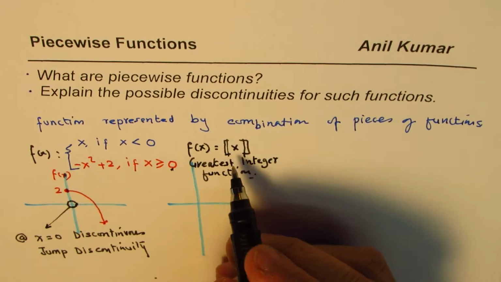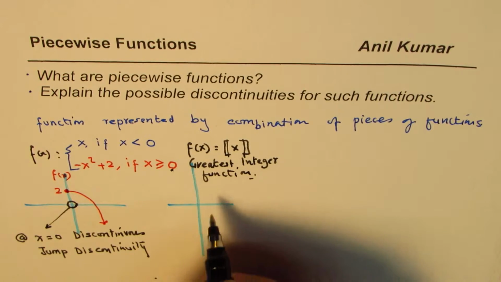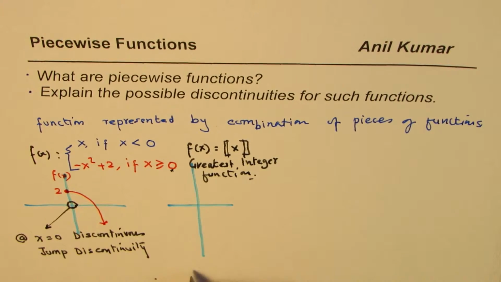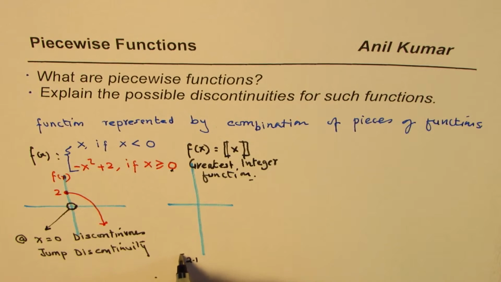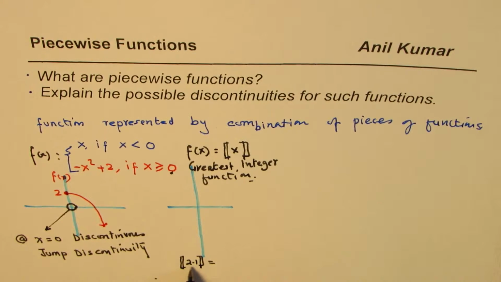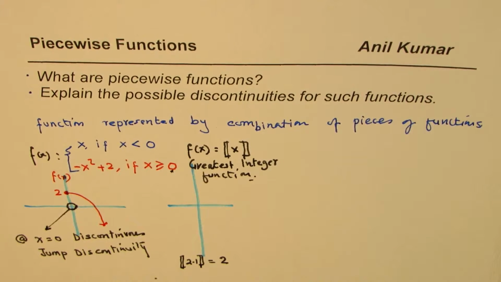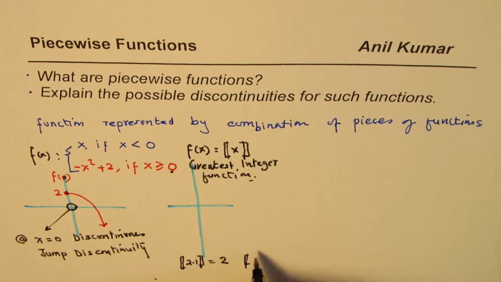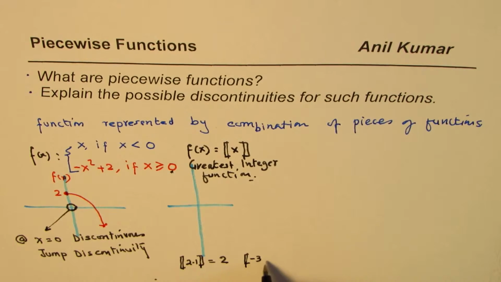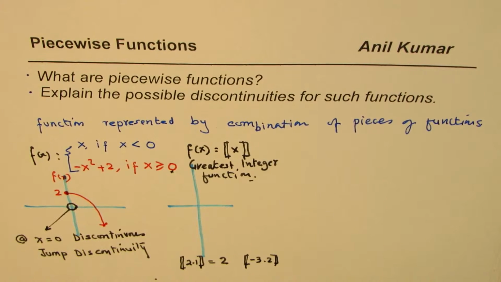Now it really means that if I have a value, let us say 2.1, right? So the greatest integer value for 2.1 will be 2, so this is equal to 2, right? If I have a value which is, let's say, minus 3.2, in that case, what is going to be the greatest integer? Okay.